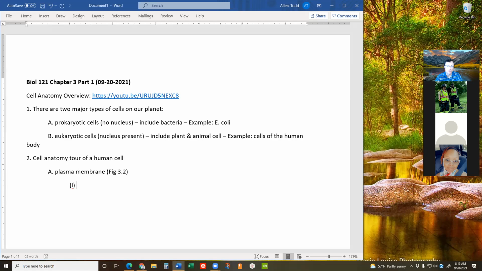All we're doing is introducing these things together at this time. We could have a semester-long seminar or entire course in the plasma membrane. We could have a semester-long course in any part of the cell, because it's that important. There's so much to know about all of these things.